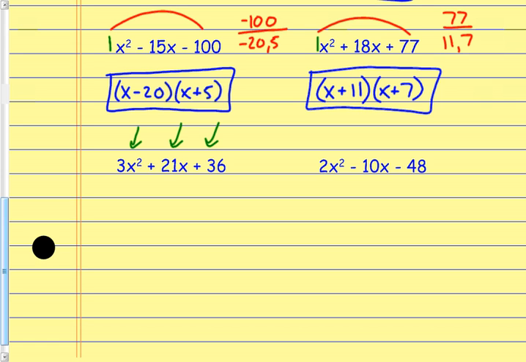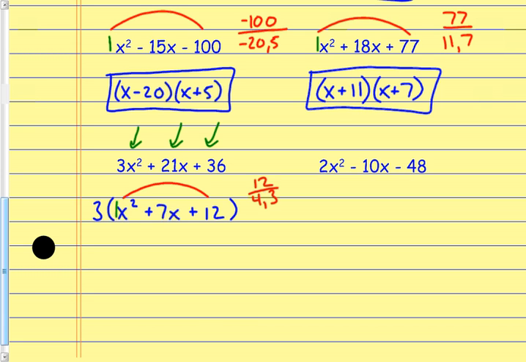If I factor out the 3 first, that leaves me with an x squared plus 7x plus 12. And now if I look at the trinomial that's in my parentheses, it's got a leading coefficient of 1. So when I build my bridge, that's a positive 12. Two numbers that multiply to a positive 12 but add to a positive 7 are a positive 4 and a positive 3. But the advantage here now, that trinomial has a leading coefficient of 1.